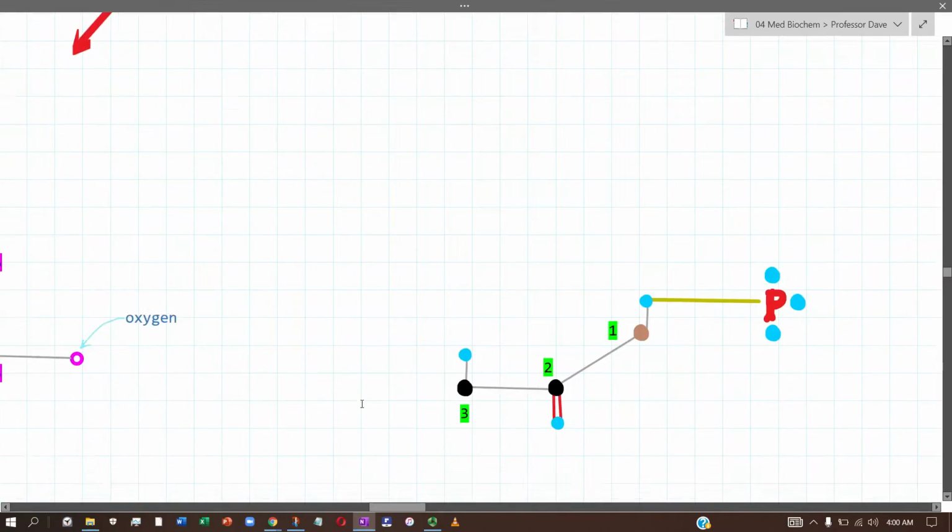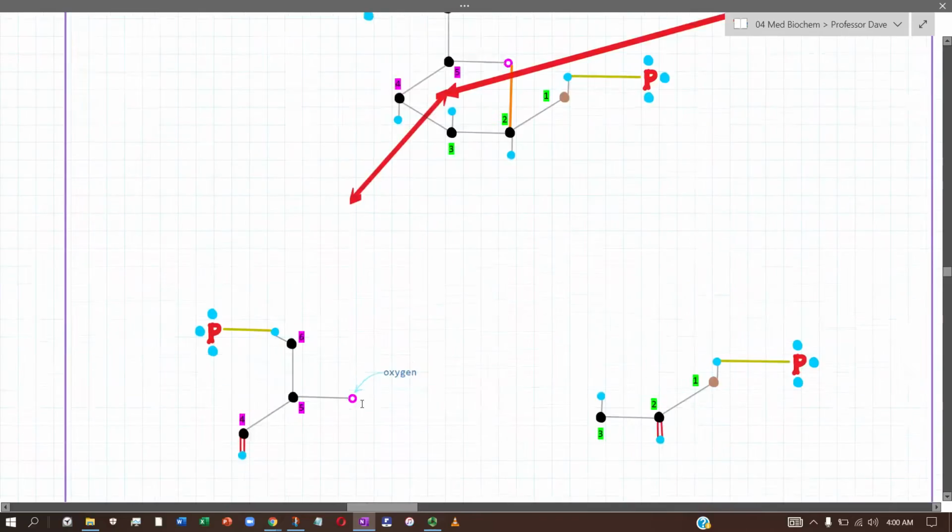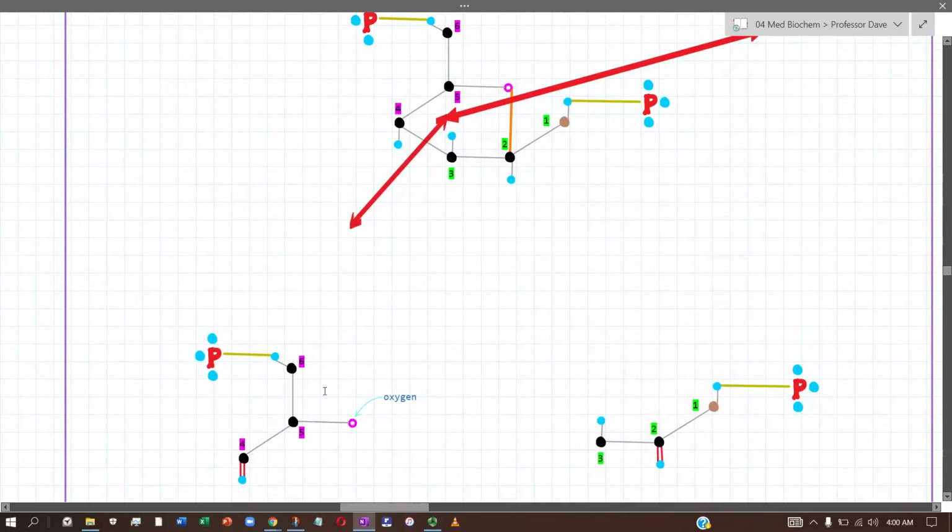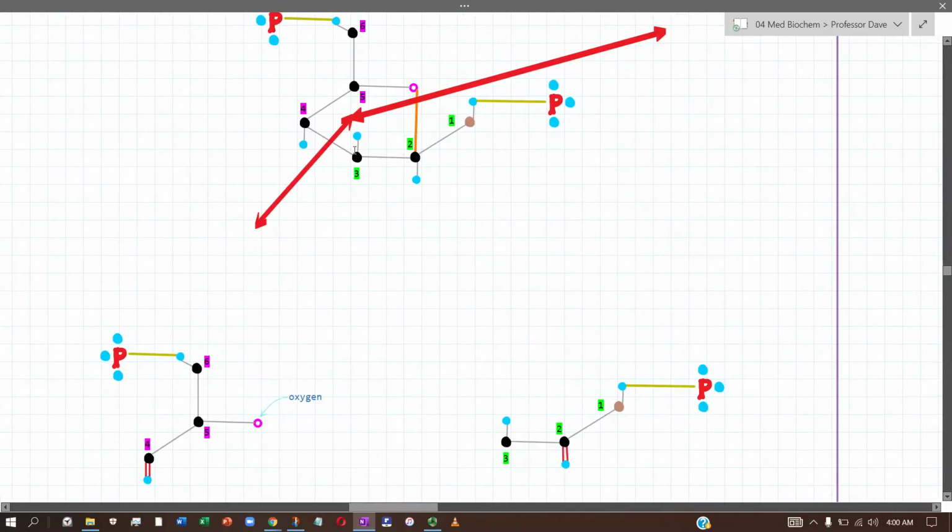So now that the split took place, you have 1, 2, and 3 right here, and it's still in the exact same orientation. I just erased the rest and highlighted those three carbons.